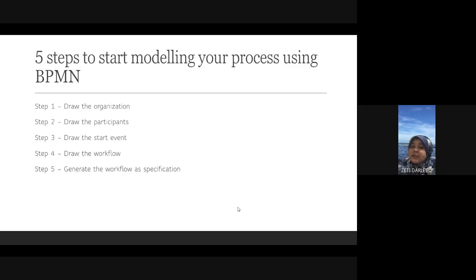User ni basically ada two type, the front end and back end. The front end usually kita panggil user tu, kategori dia customer. The back end contohnya participant, back end. Saya boleh bagi contoh sales officer, branch manager.